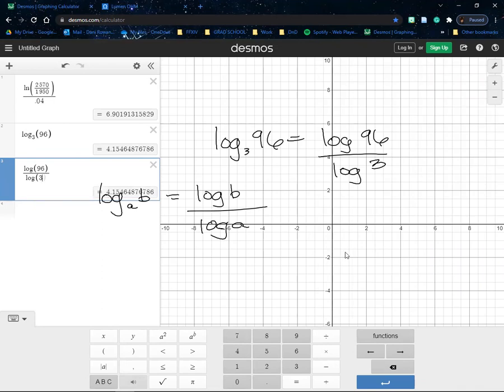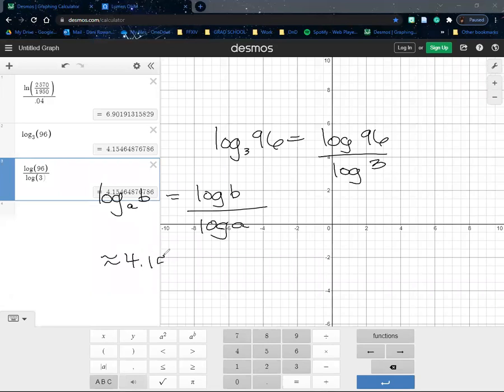Okay, and I think this one said 4 decimal places. Yeah. So what we're going to do here is we're just going to write this out. So it's roughly 4.154. Here's what we're rounding. That's a 4. So 6. Everyone good with that?